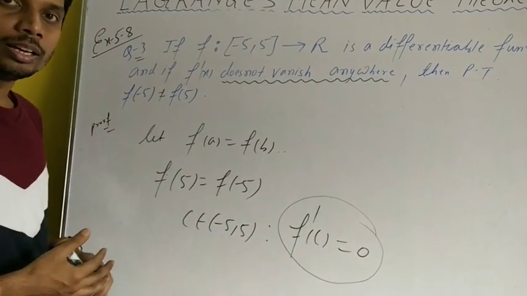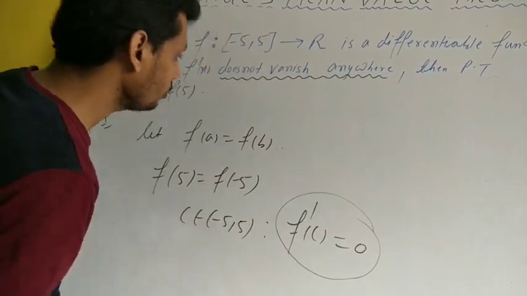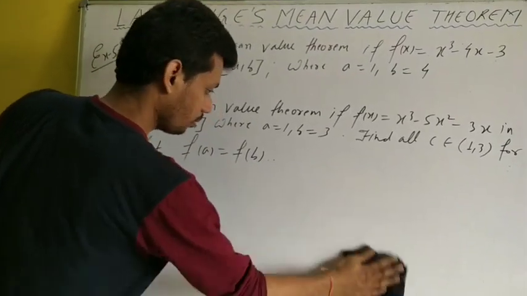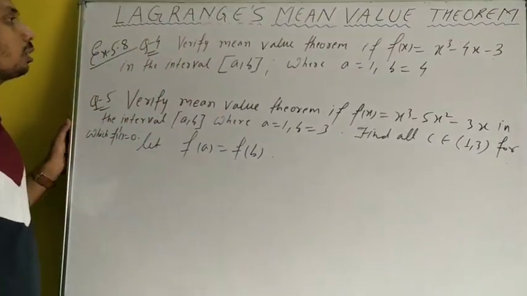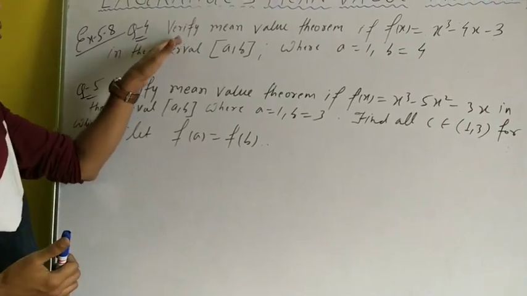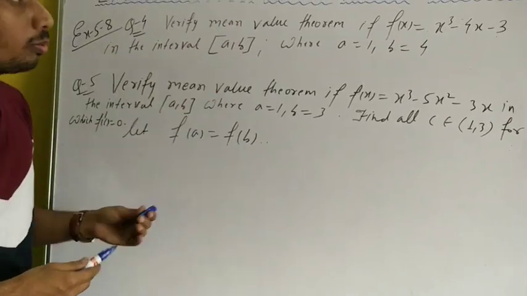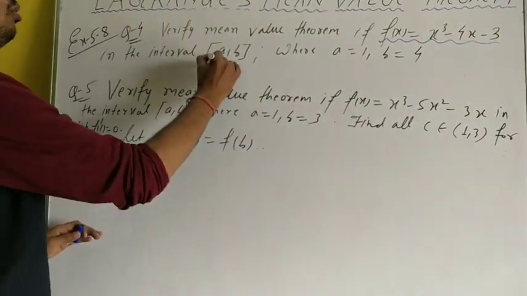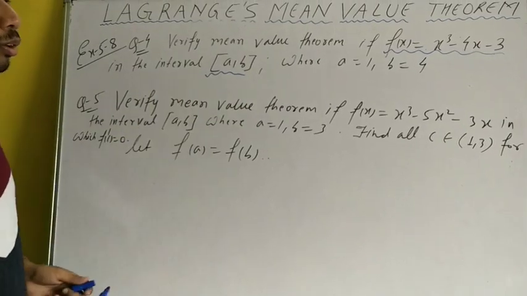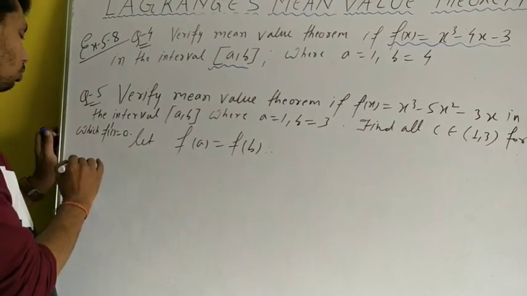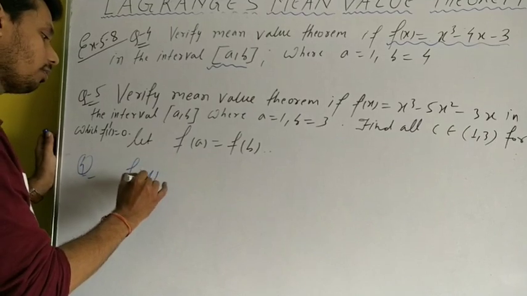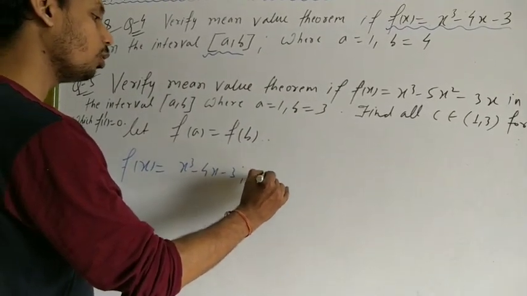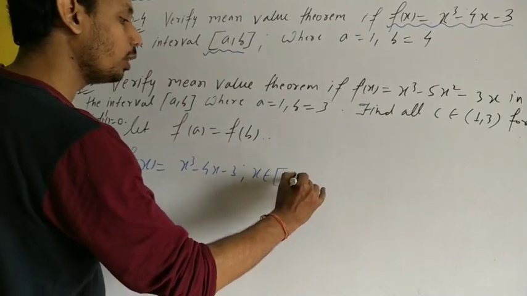Now let us see the next question, question number 4. Verify the mean value theorem if f x is equal to x cube minus 4x minus 3, defined in the closed interval a comma b, where a is equal to 1 and b is equal to 4.